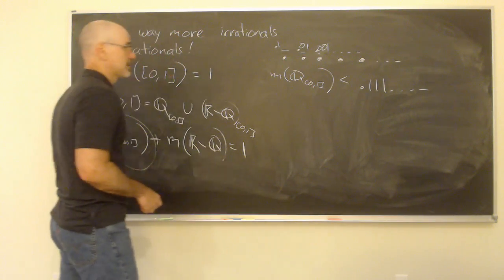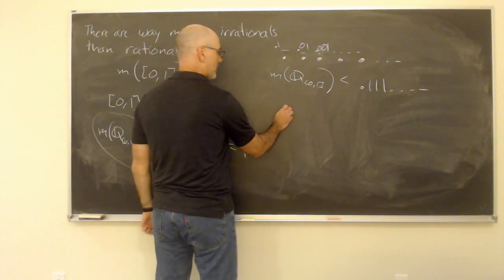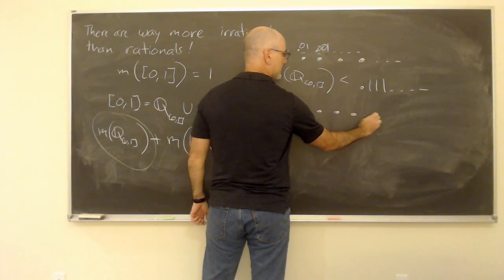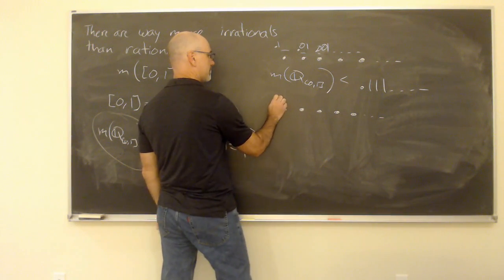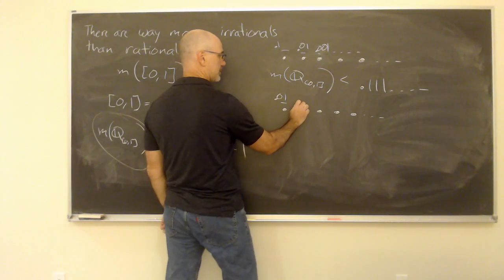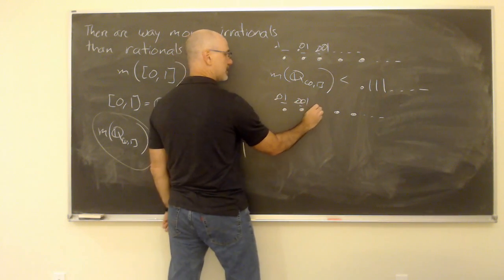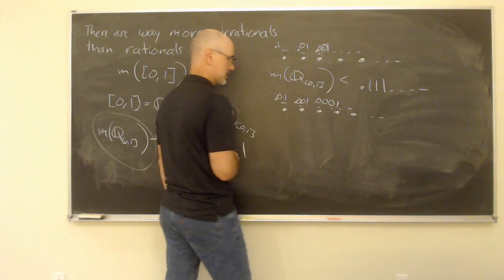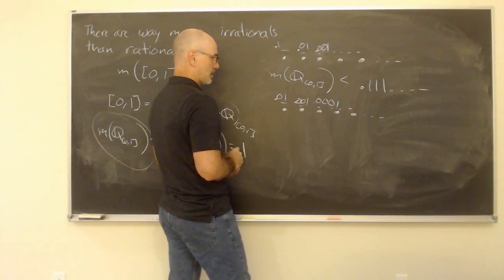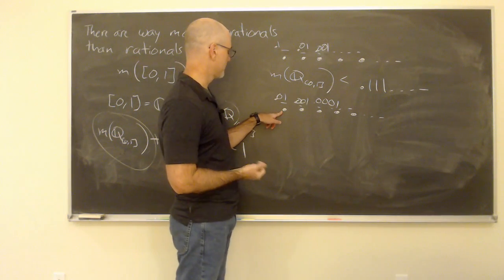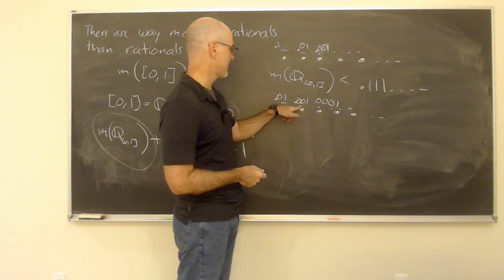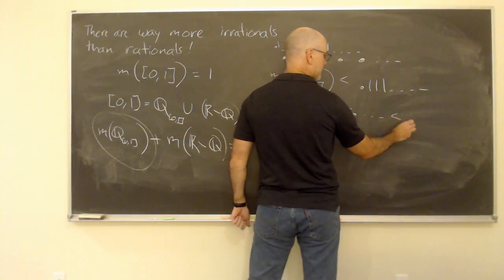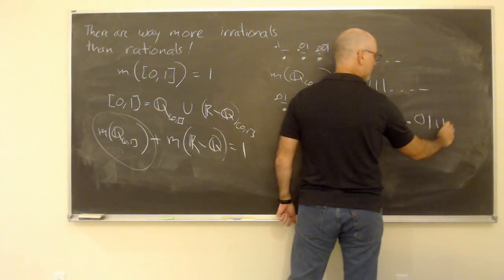So instead of starting with 0.1, let me be more efficient, get a better estimate, and start with 0.01, and then 0.001, and then a really small 0.0001, and so on. Well, points have measure 0, so it's got to be less than the measure of the segments that are covering the points. And so that's less than 0.0111.